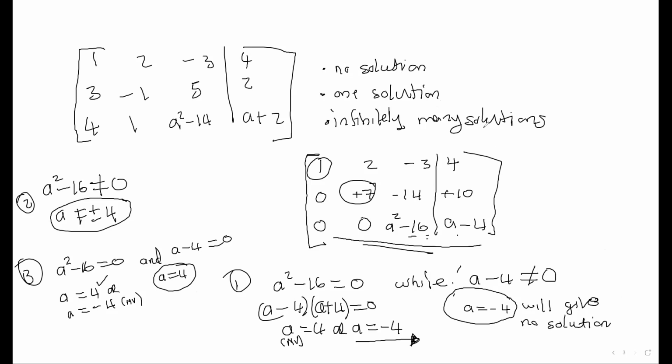When there's infinitely many solutions, the last 2 are equal to 0, or the whole line is equal to 0. When there's one solution, this number must never be 0 by any means. When there's no solution, it's just something that doesn't make sense.